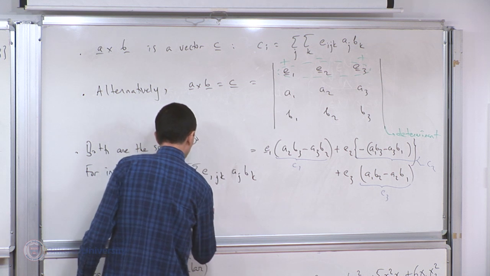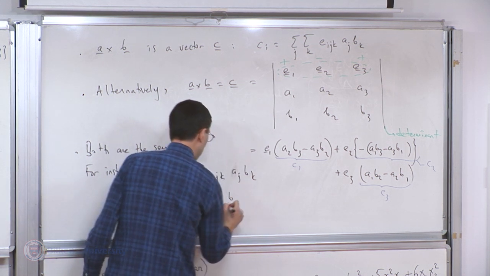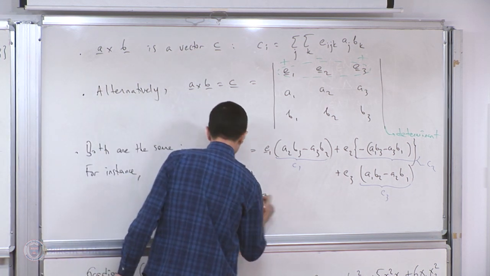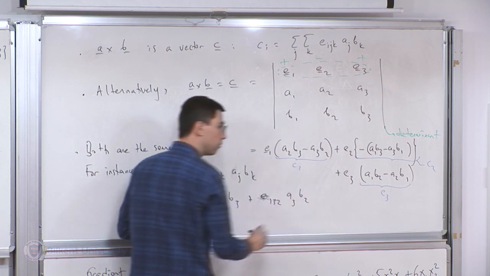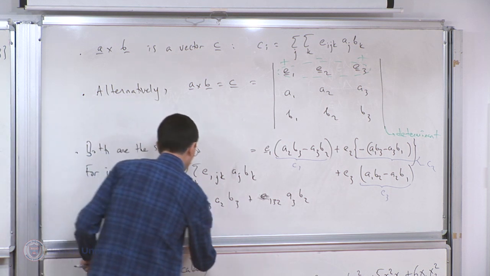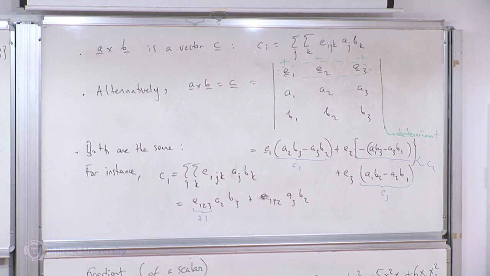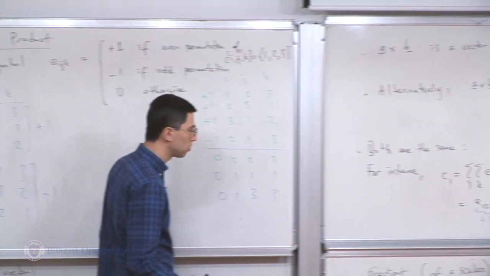So this is equal to E_123 A2 B3 plus E_132 A3 B2. Okay? So now, 1, 2, 3, it's a plus 1. 1, 3, 2, right? It's the negative direction, it's a minus 1.